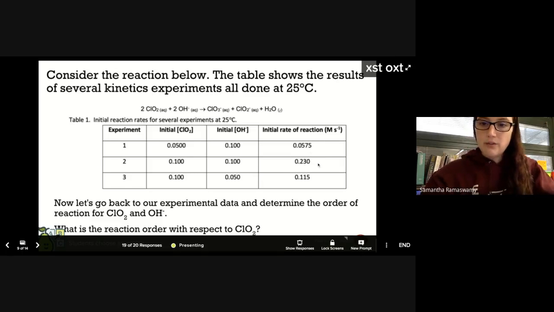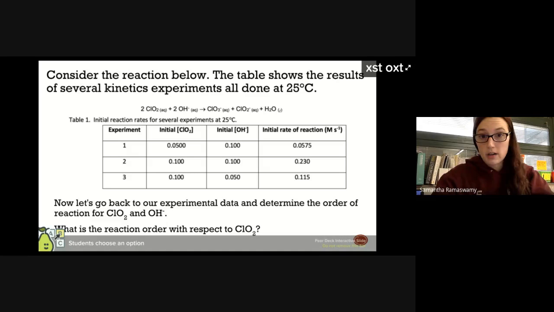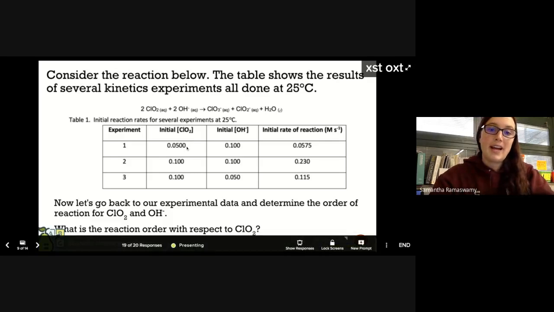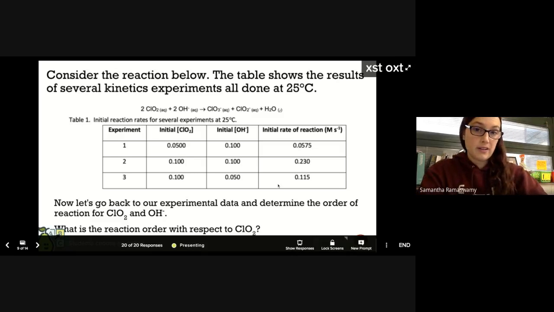So if I look at the rate of reaction, I'm going to do 0.23 divided by 0.0575. That's 4. So when I double the concentration of ClO2, the rate increases 4 times. So if I double and it quadruples, that's 2 squared.